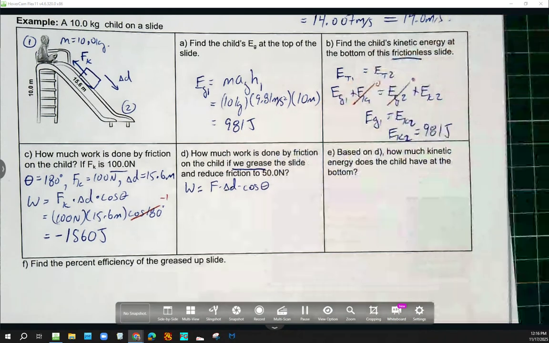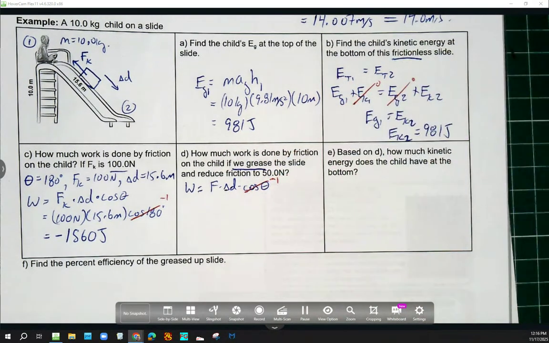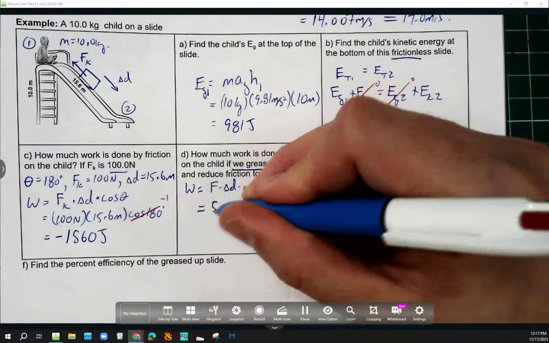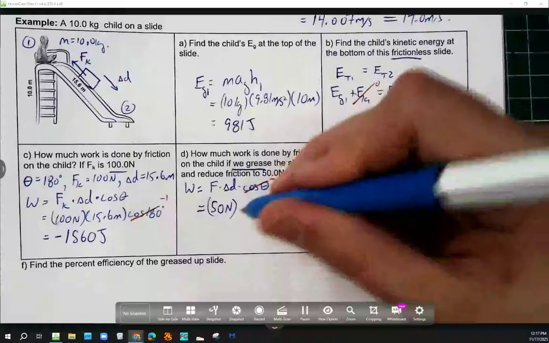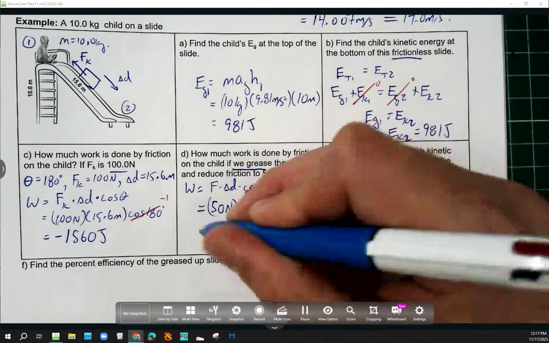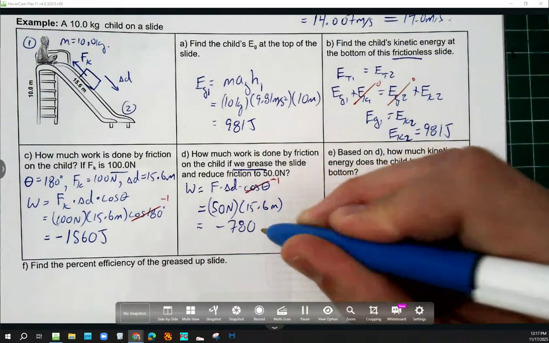Now the cosine of theta is still going to reduce to -1, because it's still the same free body diagram. But if we were to lube up this slide or polish it or whatever it is that we would do to make slides more slippery, and it became half as frictional, then you get negative 780 joules for a full slide down.